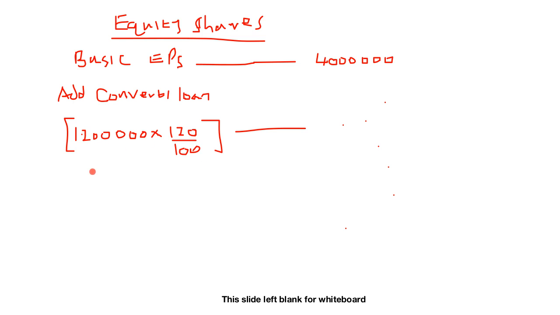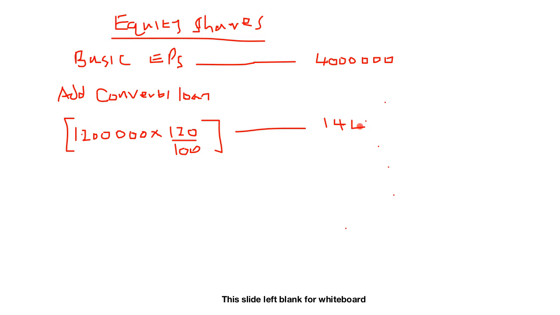So what will that give us? 1,200,000 times 120. Okay, Boniface Nyaga, 1,440,000, the same to Prudence.